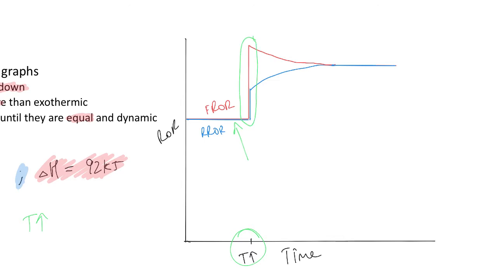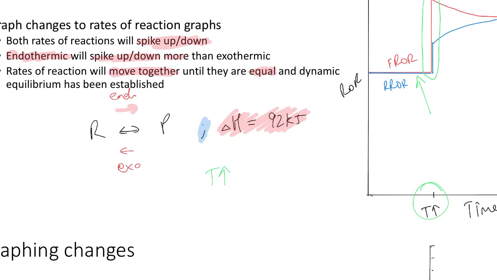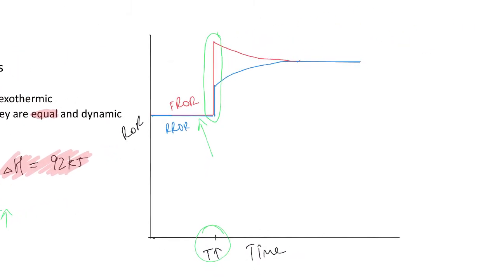So both blue and red go up, but one increases more than the other. The endothermic reaction is changed more, and that endothermic reaction was the forward rate of reaction. So the forward rate went up, and the reverse rate also went up but by less, which means the forward rate of reaction is favored and is greater than the reverse rate of reaction.